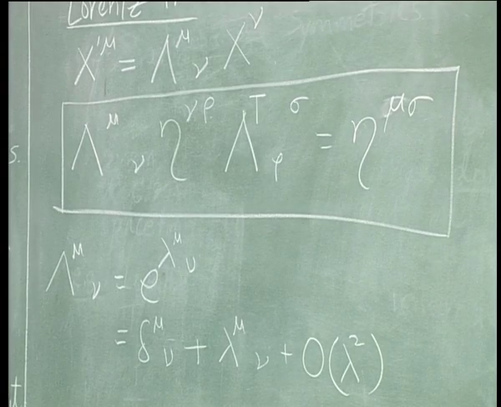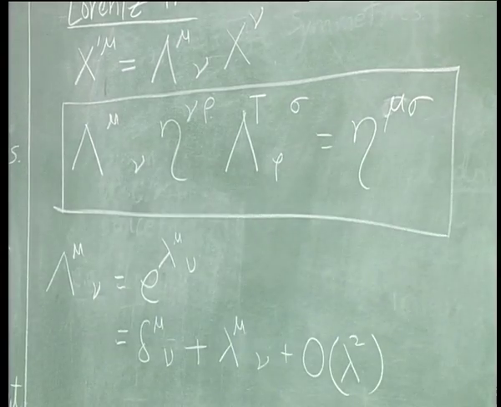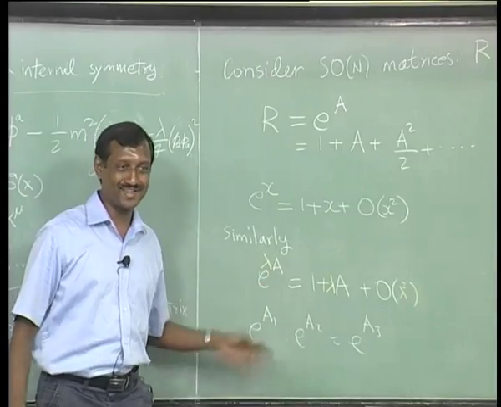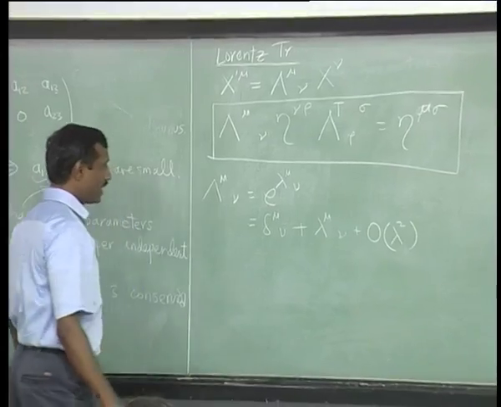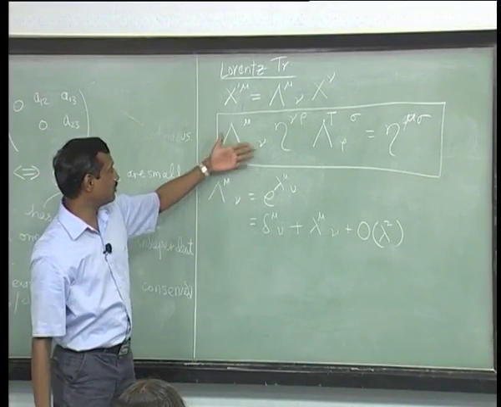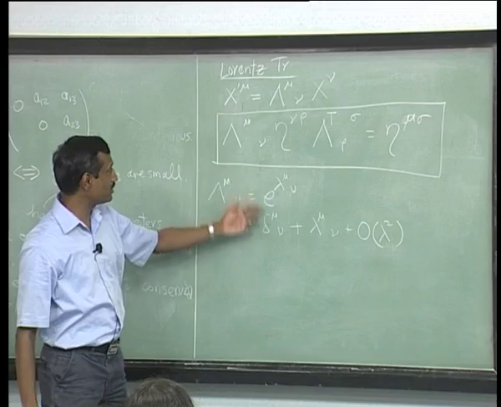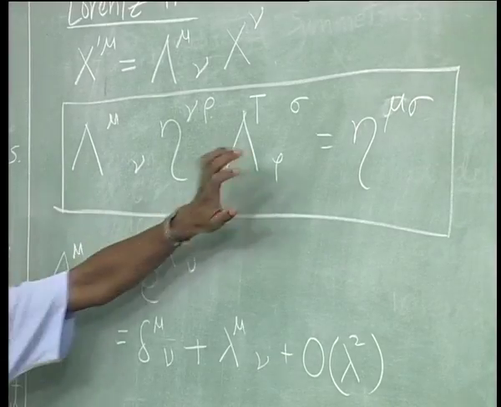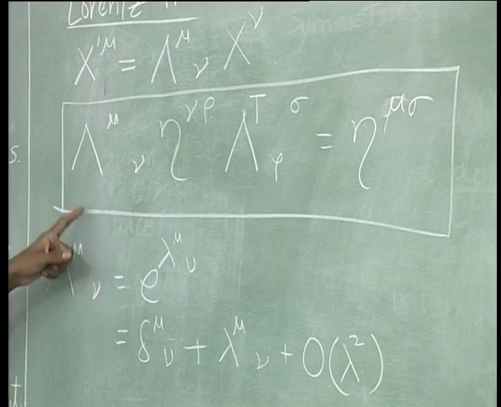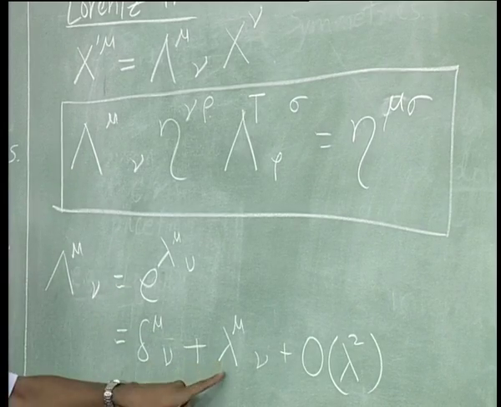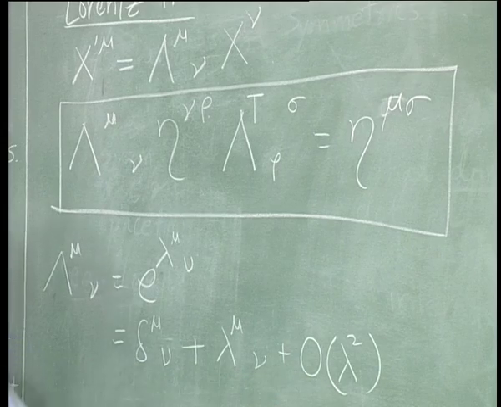Let me remind you that this lambda out here does not have this parameter kind of thing. So, we plug these things in here and we expand it, and we only check the first entry, which is trivial. When you put a delta, it is trivially true. So, it is really the next one, but I have to work only to first order, keeping these terms, and I am throwing away order lambda square terms.